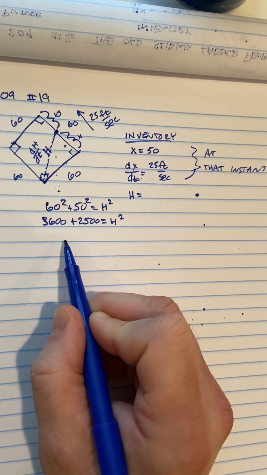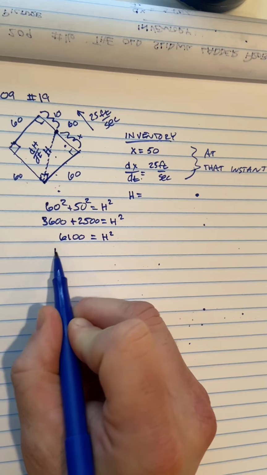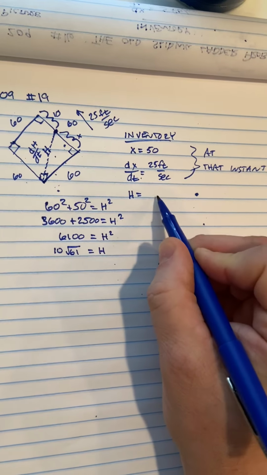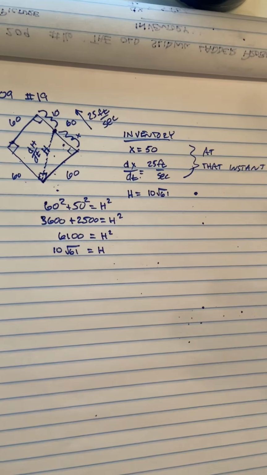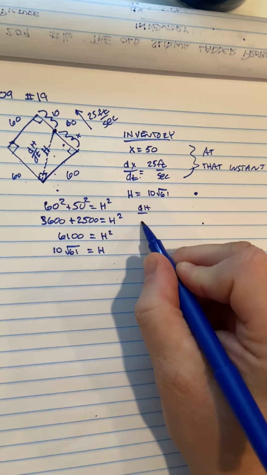When you add those guys together, we get 6,100. So h at that instant is 10 root 61 feet. And what are we looking for? We're looking for the variable dh dt.